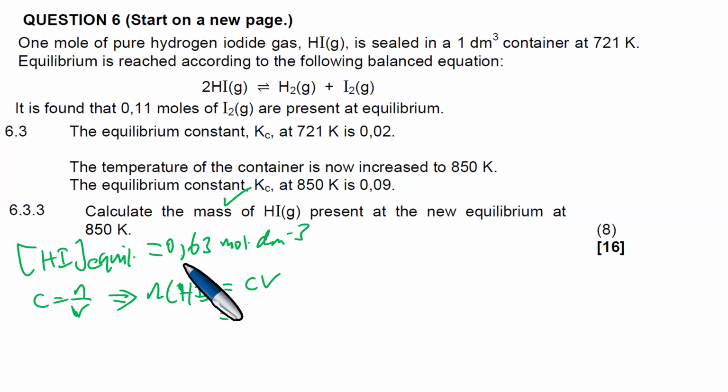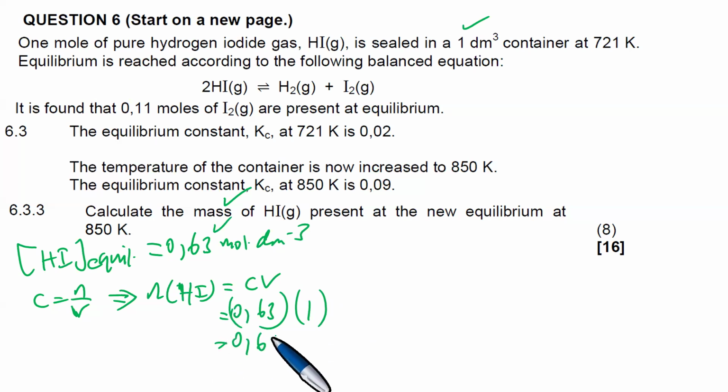The concentration of hydrogen iodide is 0.63, and the volume is 1, so you have 1 cubic decimeter. Therefore, this is 0.63 moles.